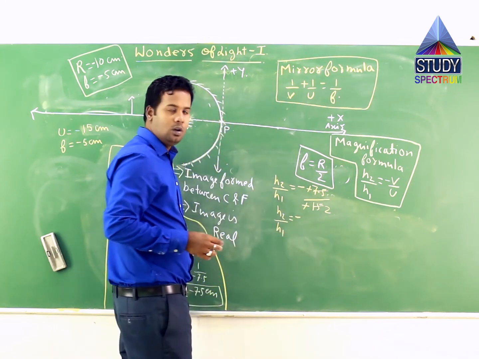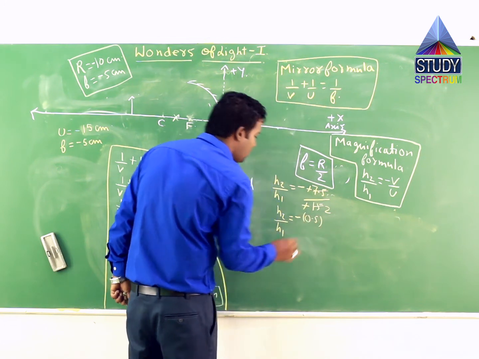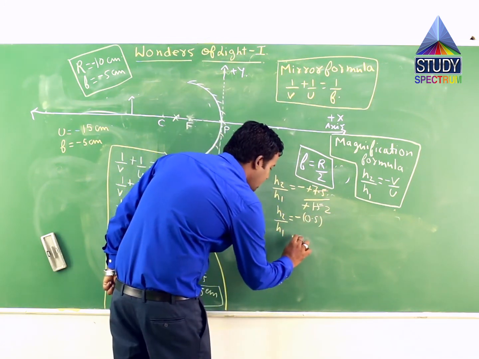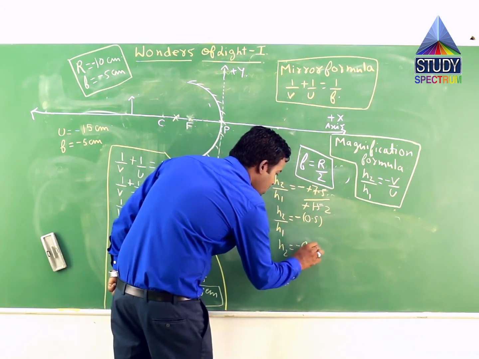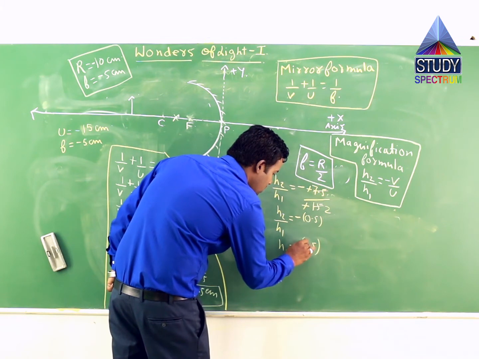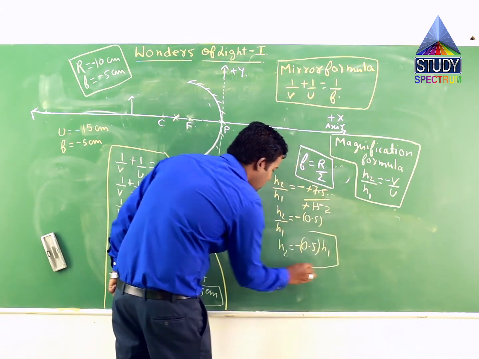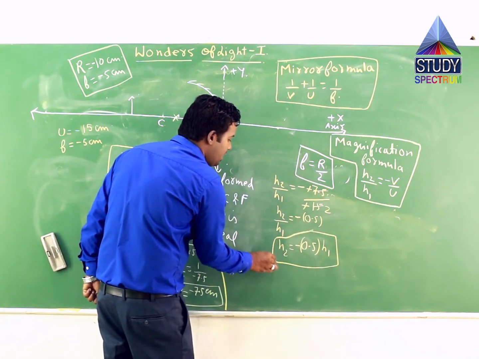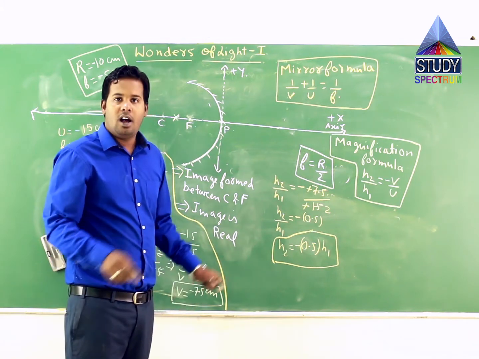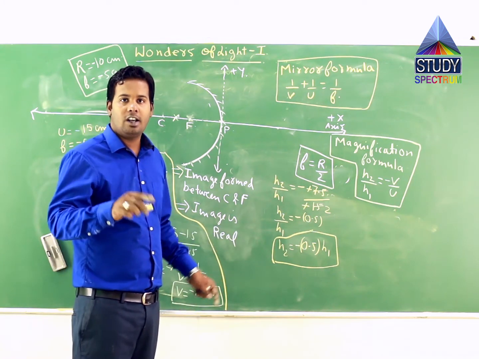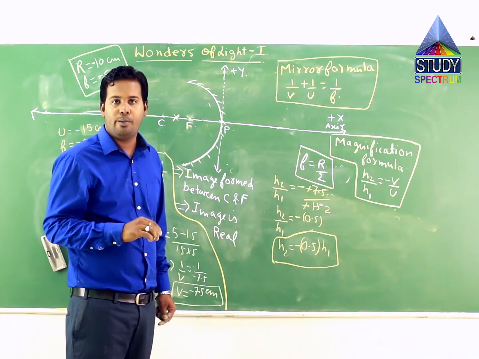So this becomes h2 by h1 is minus 1 by 2. Now what is 1 by 2? 1 by 2 is 0.5, so minus 0.5. Okay. So I can write it as h2 is equal to minus 0.5 into h1. h1 goes on the right hand side and gets multiplied with minus 0.5. Now again, if you recall, I have just explained how the multiplying factor is very important to give the magnitude of output.